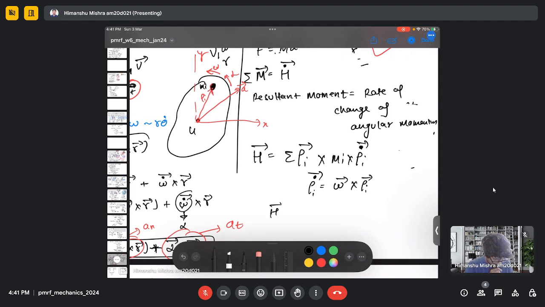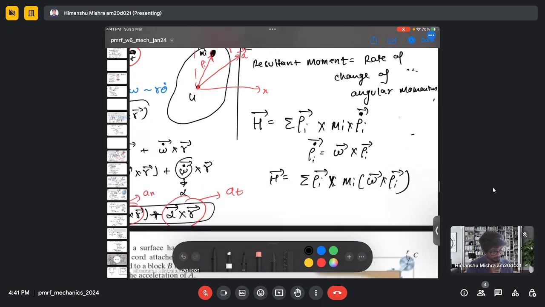So my angular momentum will be rho vector cross mass times omega cross rho. So this is the expression for the angular momentum.